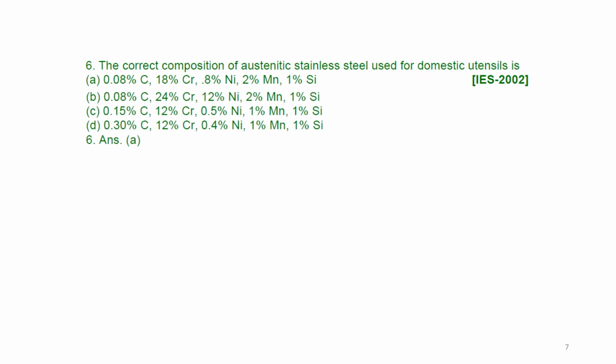It is actually 0.8% carbon, 18% chromium, 0.8% nickel, 2% Mn, 1% silicon. Answer is B. So this is a factual-based question, so you have to remember this. There is no alternate.